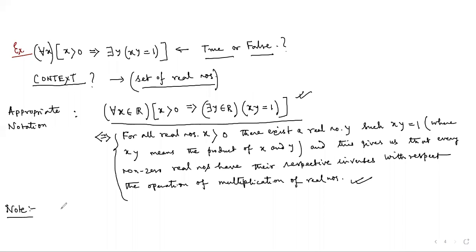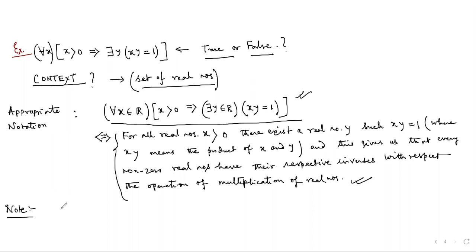Another note that I want to make at this point is that you will find in most mathematical books that the writers often use the quantifiers, but they often avoid writing the context.